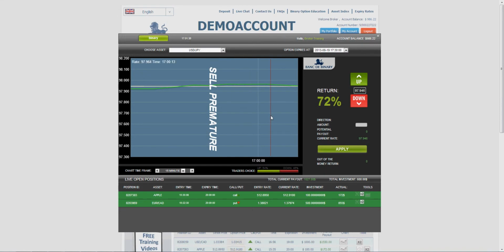Not something that I would use. There's much better tools out there that are free that you can find, if it's Netdania, if it's free stock charts, which is also very good. I would use it only to sell or only to double up a trade.